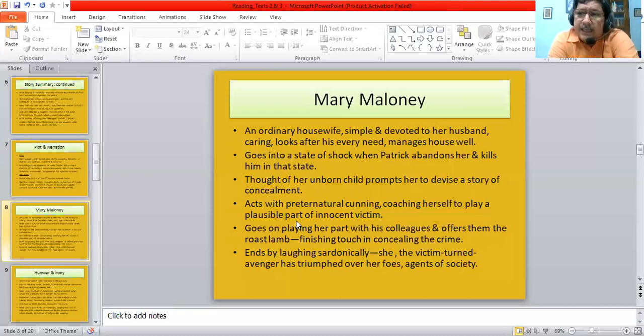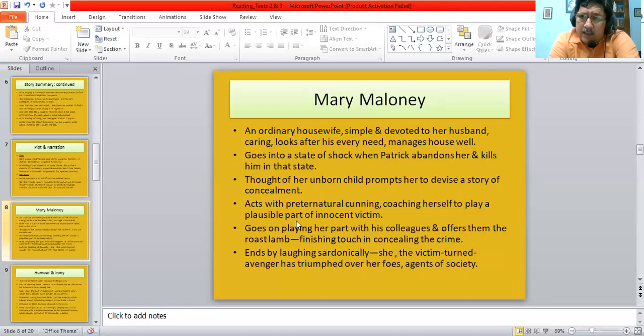And she does everything in her powers to make the home and hearth comfortable for a man who has come back tired from work. This is the picture that we get of her initially. She looks after his every need, attending to his every wish, makes him comfortable, manages the house well. She's a good housewife.